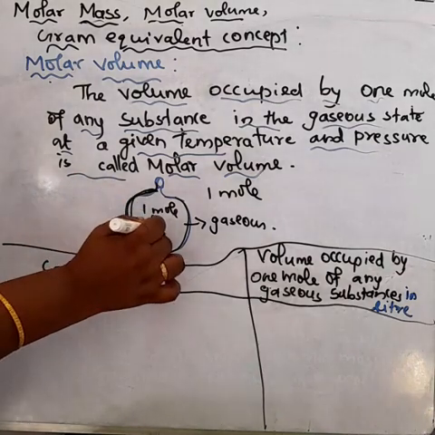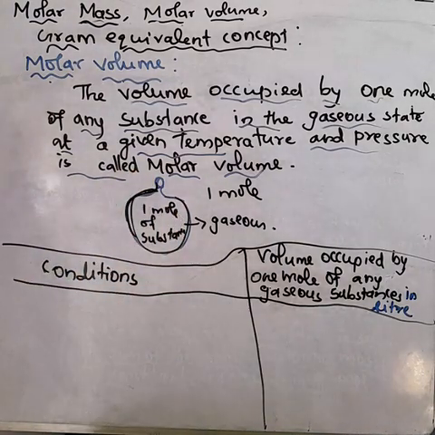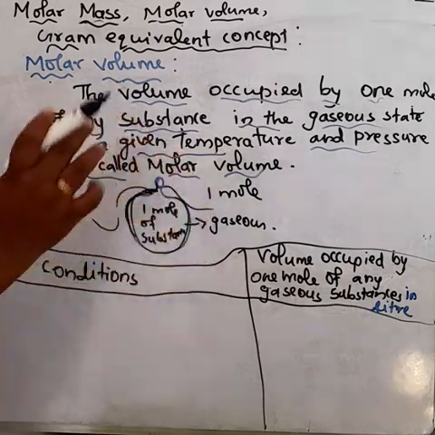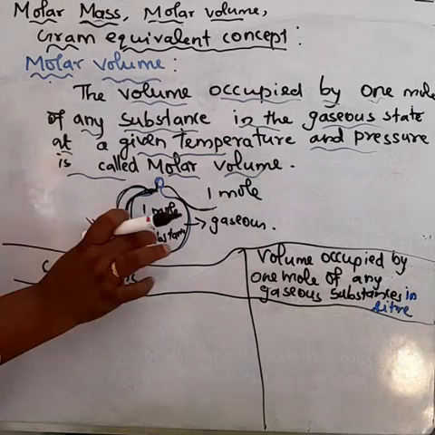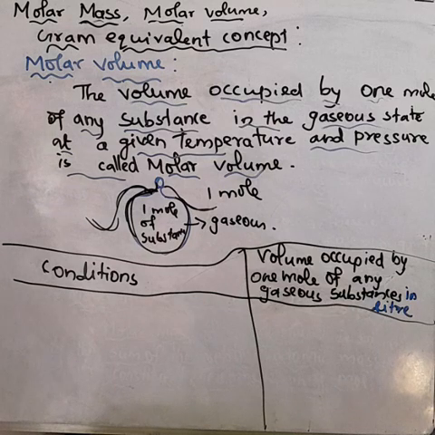If you change the temperature and pressure, the volume occupied will change. So at a particular given temperature and pressure, the volume occupied by 1 mole of gas is called the molar volume.